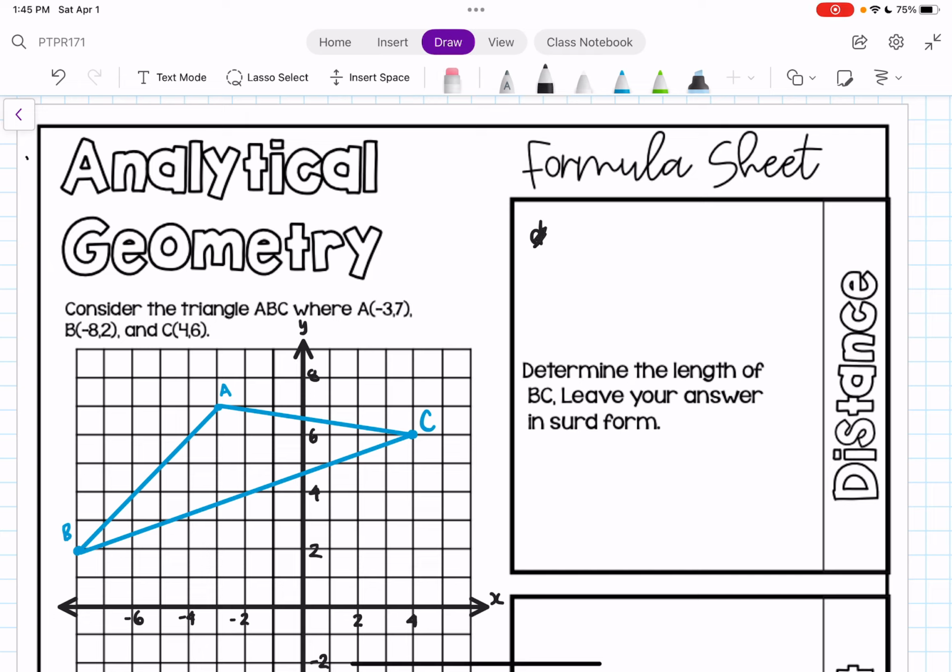So let's start by considering 2 points. Let's call them T, which will be at x1, y1, and then V, which is going to be at x sub 2 and y sub 2.